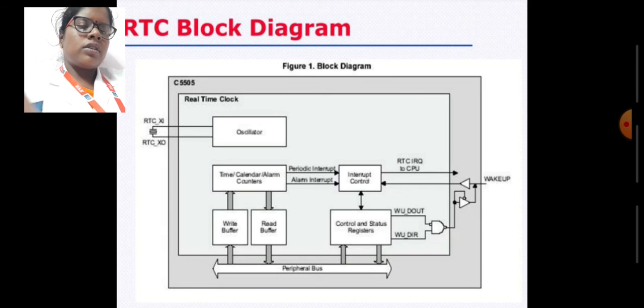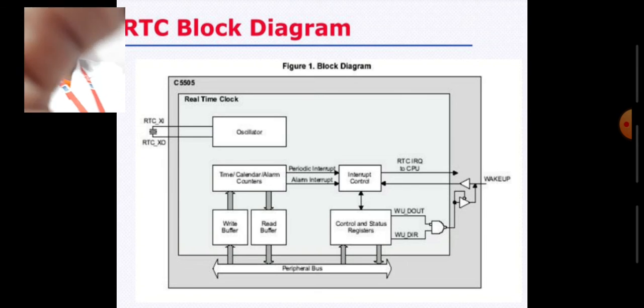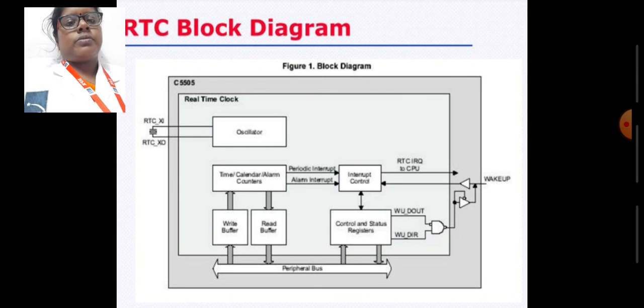Peripheral buses interconnect these write buffer and read buffer with the control and status registers, which are given into the interrupt controller through the periodic output. The real-time clock consists of two outputs, XI and XT. Then the output will be wake up.